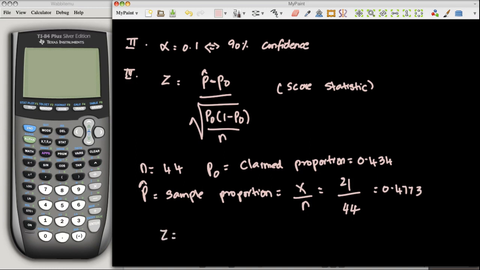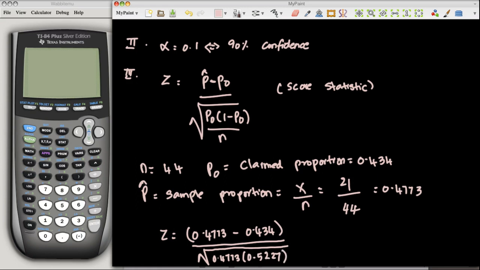So the test statistic is obtained by plugging in the values that we have above. It's 0.4773 minus 0.434, divided by the square root of P naught times 1 minus P naught, which is 0.434 times 0.566, divided by n, which is 44.